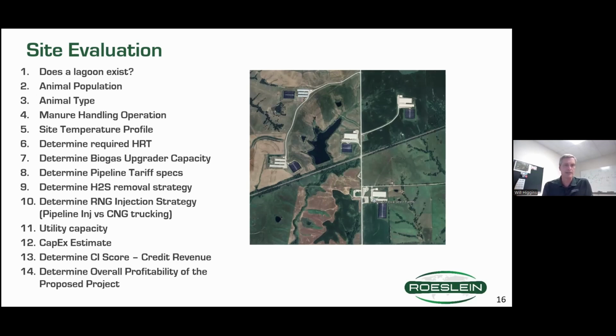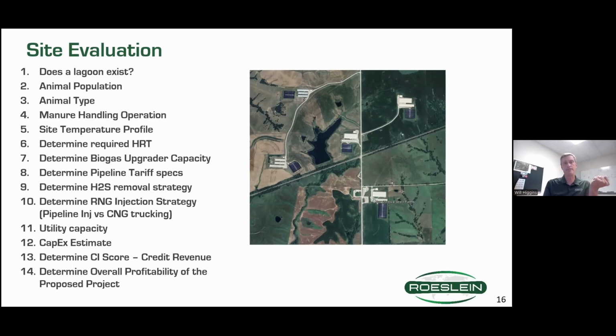The other couple of things that are outside the farm owner's control are like the pipeline tariff. If we have a site that has multiple lagoons like this site, this is in southern Iowa, and we've covered 5 different barn sites and aggregated them into a single upgrader, which is actually located right here in this little spot. We aggregated those, and then we're trucking this, so that would be another decision.